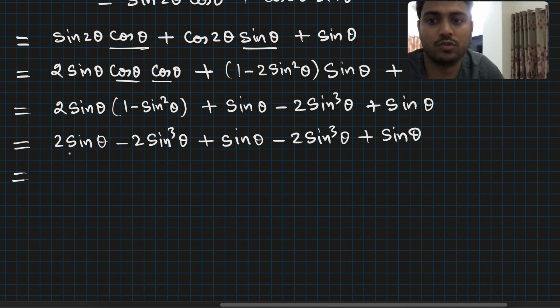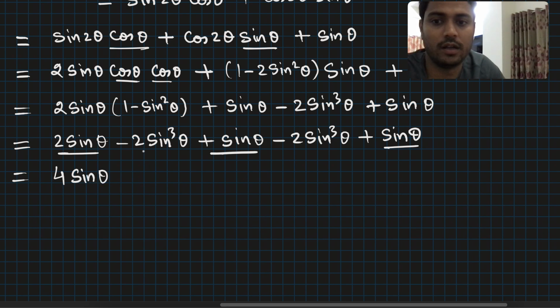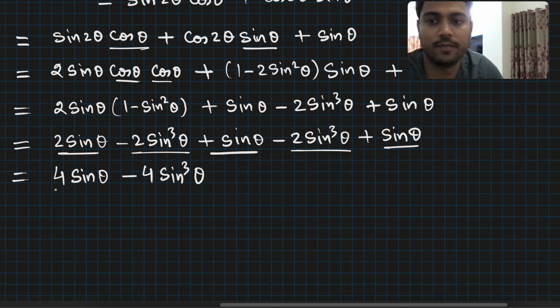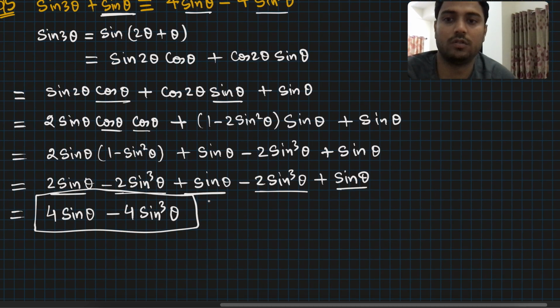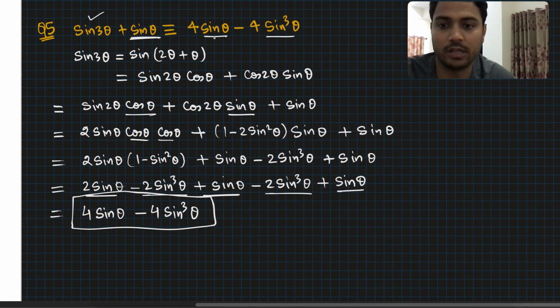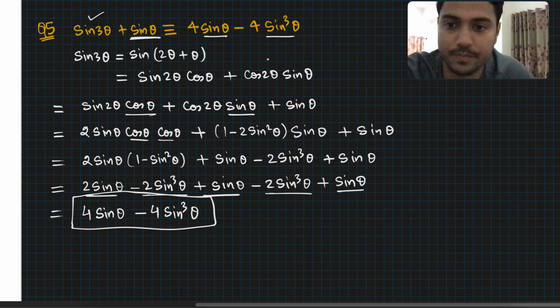Let's add all the like terms together. 2 sine theta, sine theta, sine theta, total 4 sine theta, and minus 2 sine cube theta minus 2 sine cube theta can be written as minus 4 sine cube theta, and this is what we had to prove. Let's check. 4 sine theta minus 4 sine cube theta.